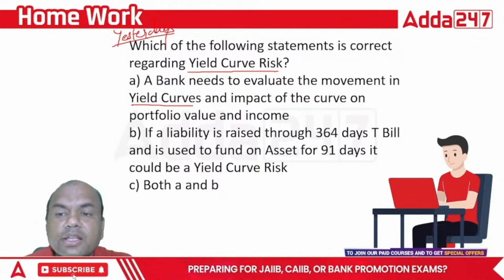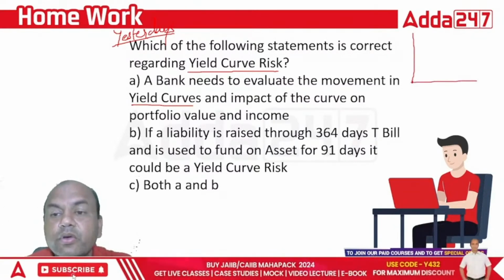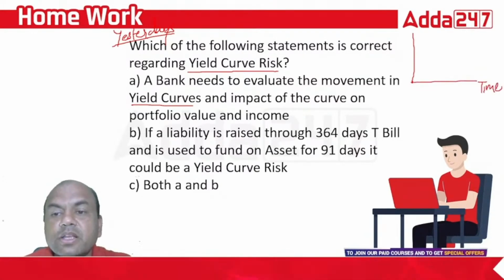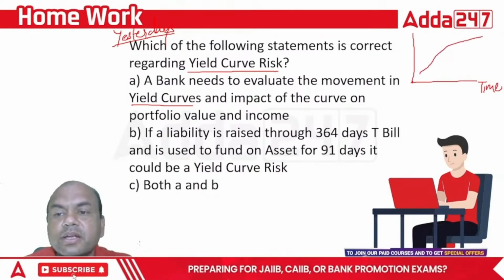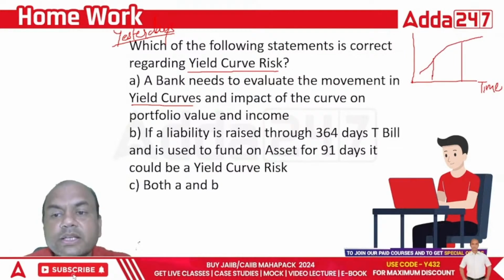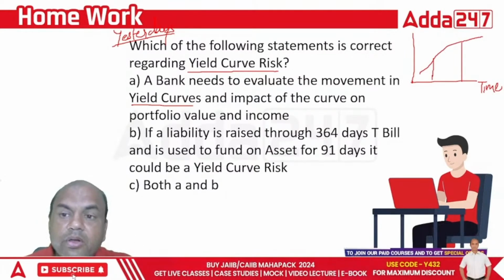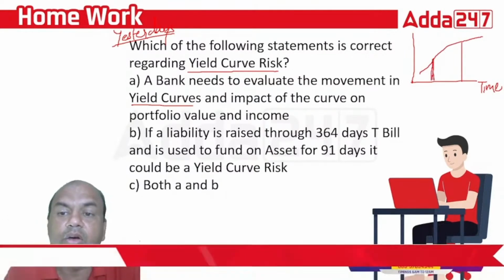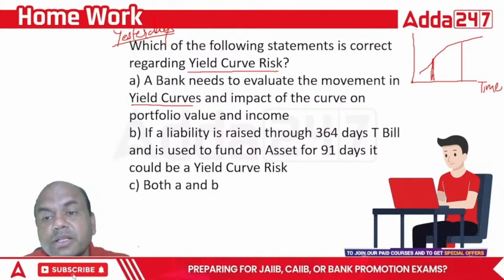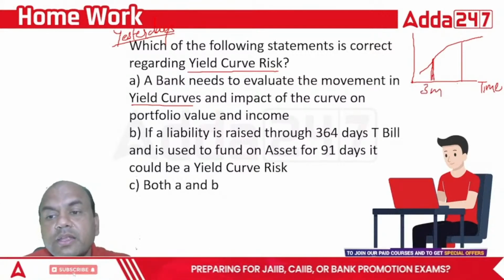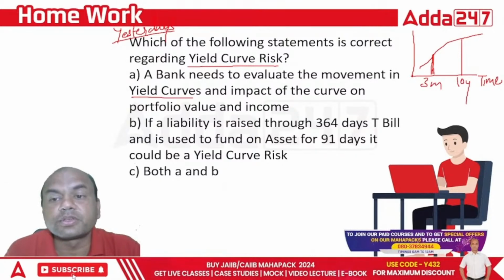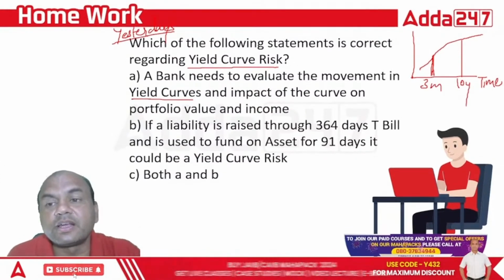So when I plot the various yields for various maturities, this is time, for various maturities, I get this curve, and this curve is known as the yield curve. Let's say for a bond of AAA rating, of various maturities, 3 months to 10 years, suppose I plot these bonds and the yield of these bonds.